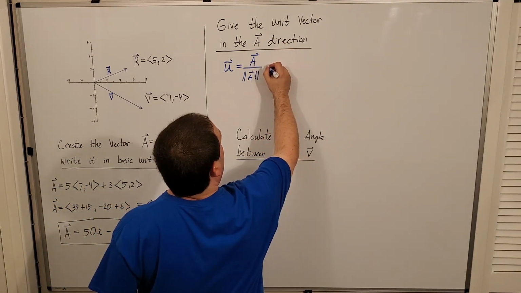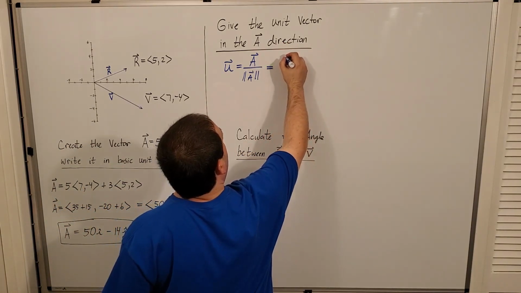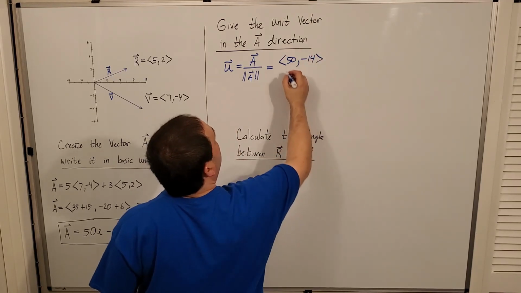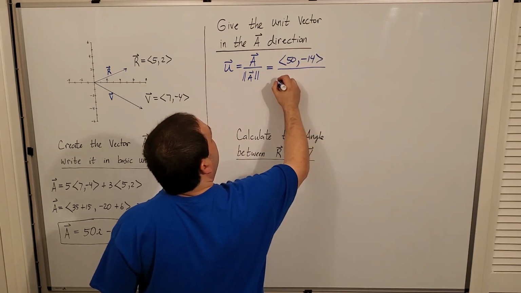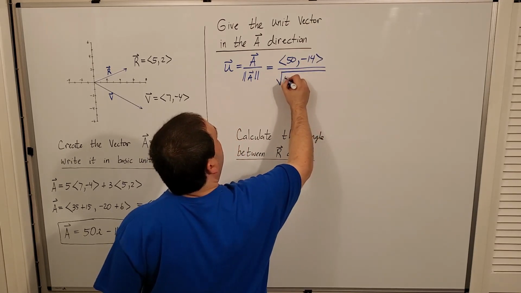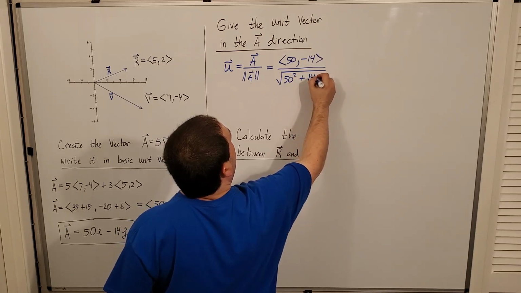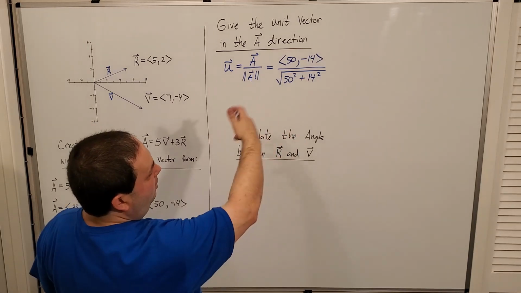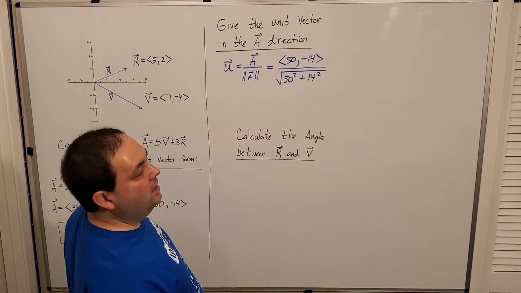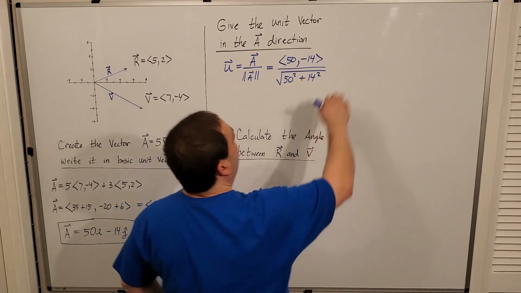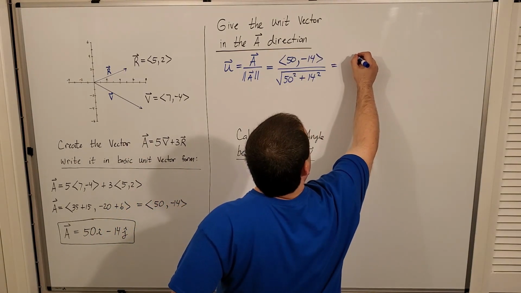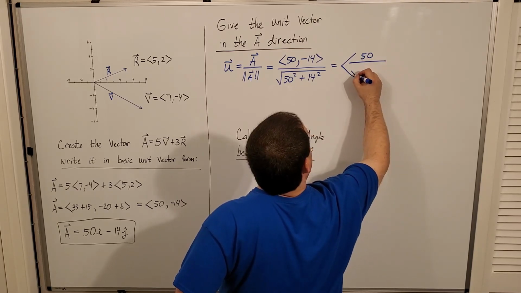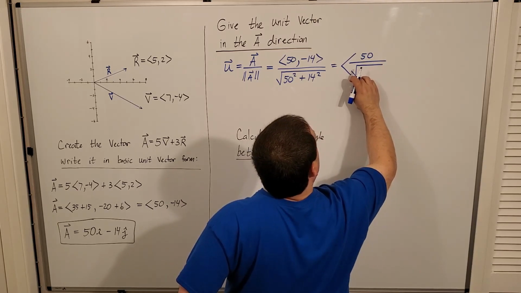So then I'm going to be setting up the a vector, which is 50, negative 14, and I'm going to be dividing it by the square root of 50 squared plus 14 squared. And yeah, I did leave off the negative, but remember that's because when I square, the negative is going to go away anyway.